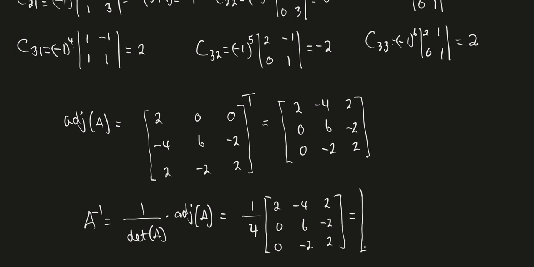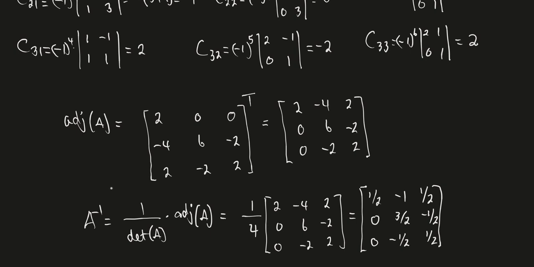Distribute the 1/4, and we have our inverse. It ends up being 1/2, -1, 1/2, and then 0, 3/2, -1/2, 0, -1/2, and 1/2.